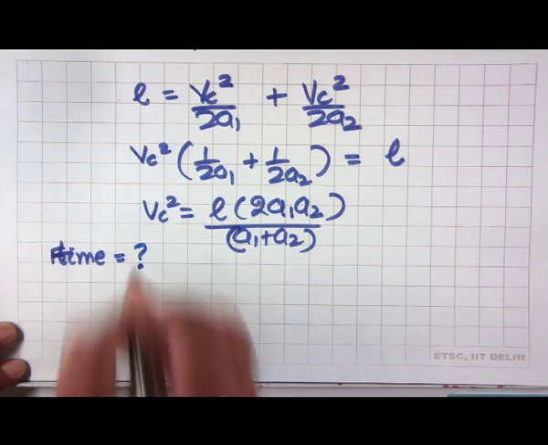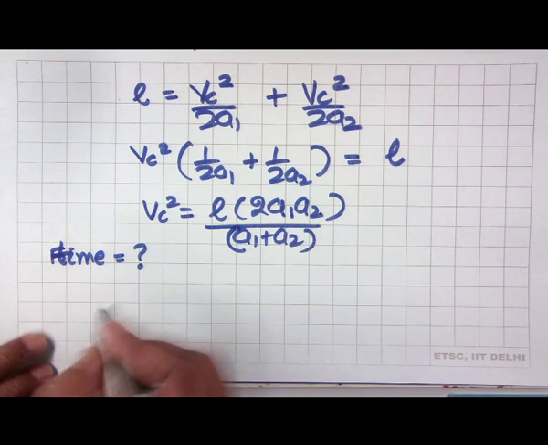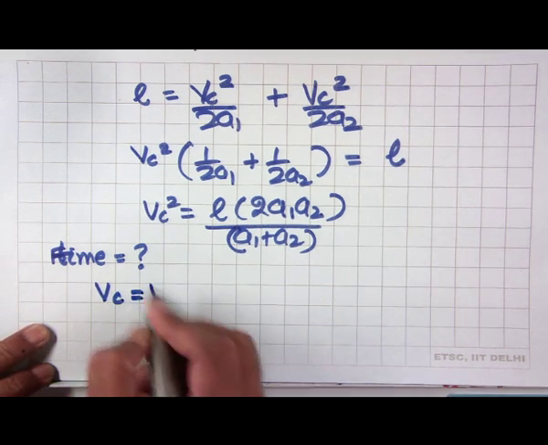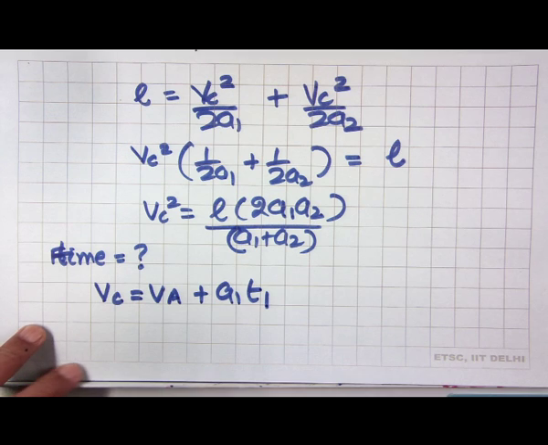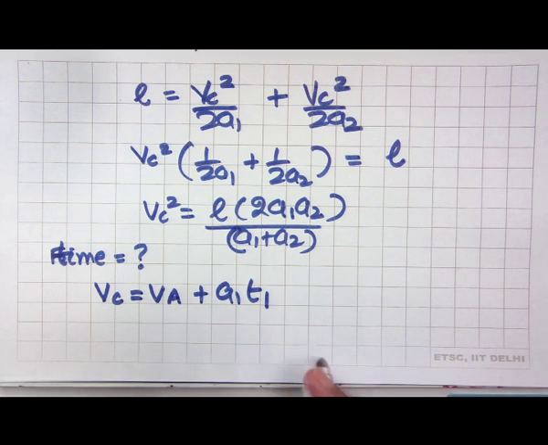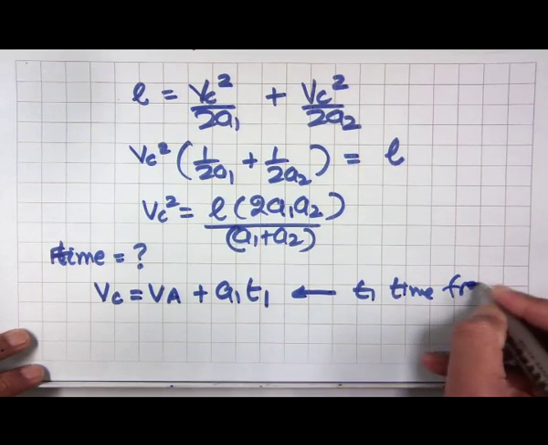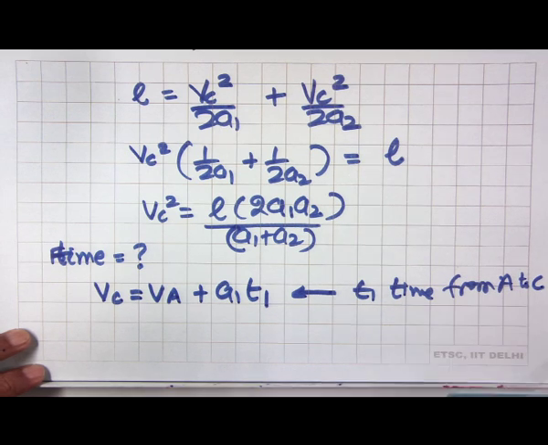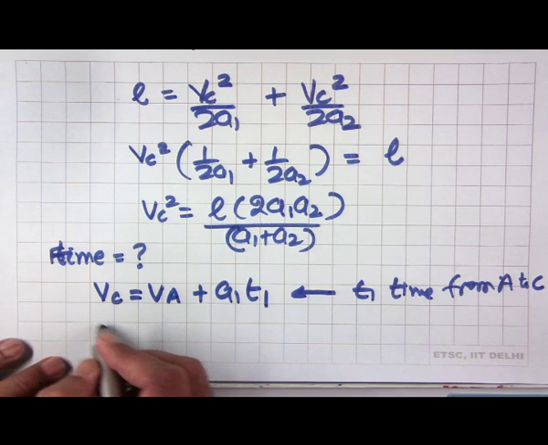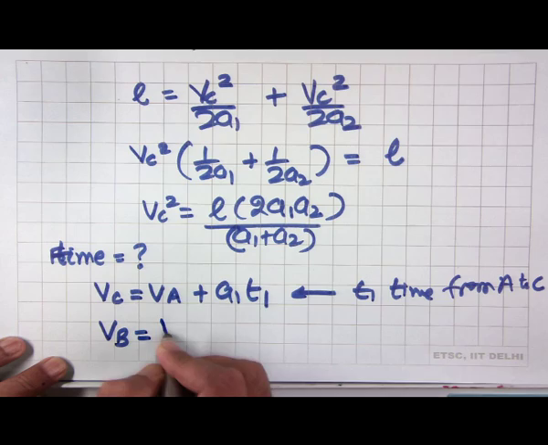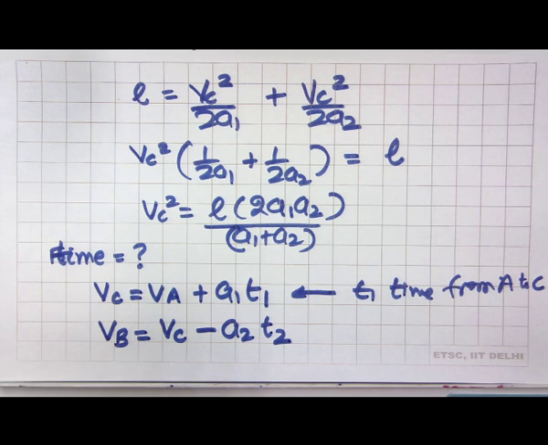To find the time, once I know Vc, Vc is equal to VA plus A1 T1, where T1 is the time taken from A to C. And we also know VB is equal to Vc minus A2 T2.